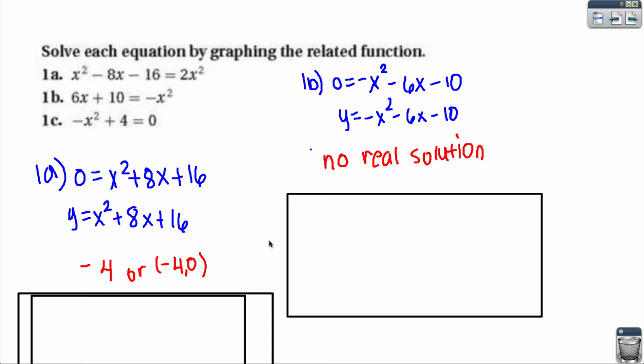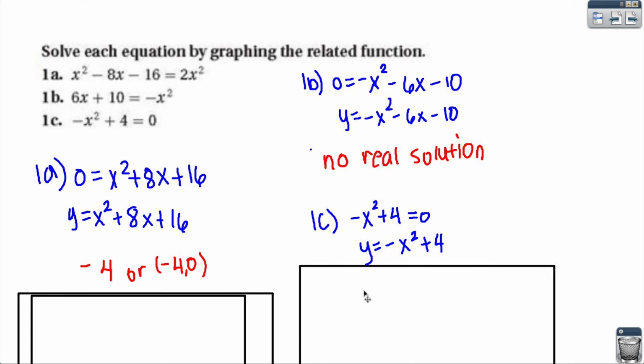All right, awesome. On the last one, you don't need to rearrange it. It is in standard form. So instead you say, here is the related function. When you graph it, it's a graph opening downward.